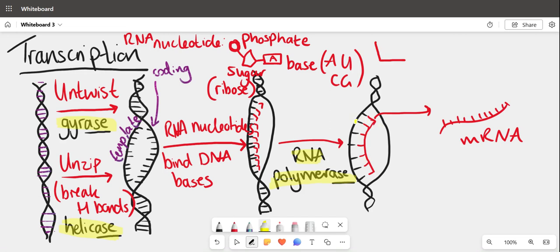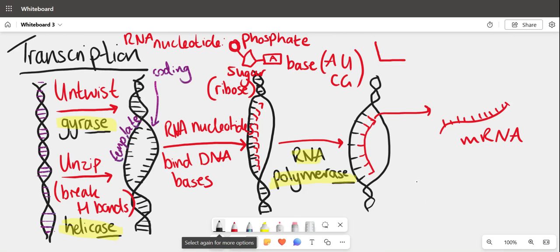Okay, and we've used our template strand of our DNA as a template, and we've added the complementary nucleotides onto here, and we've joined them together, and then the mRNA is released. Okay, what will happen to your DNA then is it will wind back up again, and it's not damaged, it's ready to be used again.